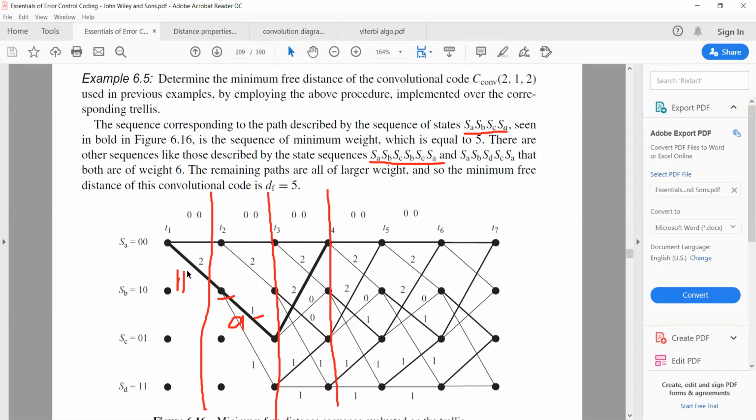Or you can say what I've told you before, that when the convolutional code is linear, the Hamming distance calculated with respect to the all 0 code will be equal to the weight of the code.